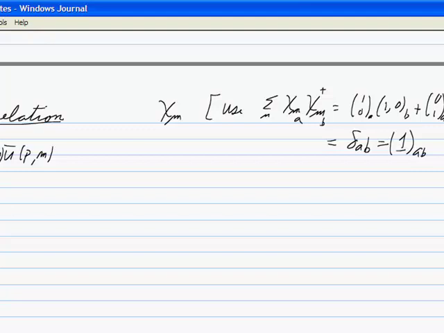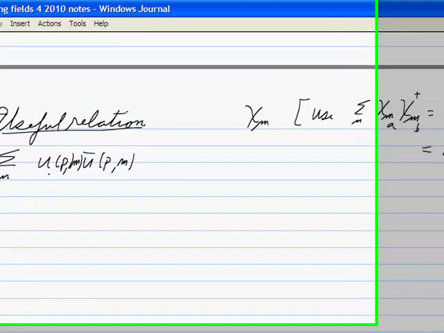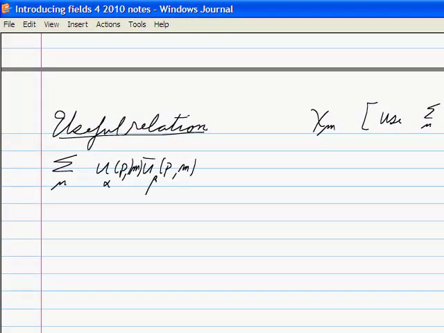Okay, so there's the sum over m's. But now if I have u and u bar, these actually now are 4x4 things. So let me put a label alpha there and a label beta on that one. So alpha and beta run from 1 to 4.